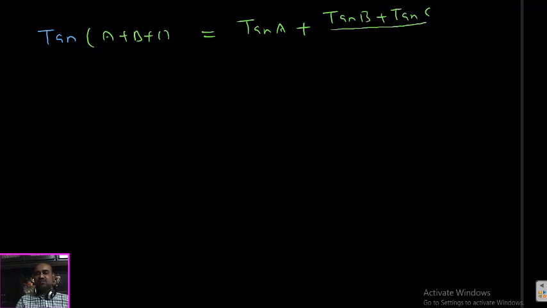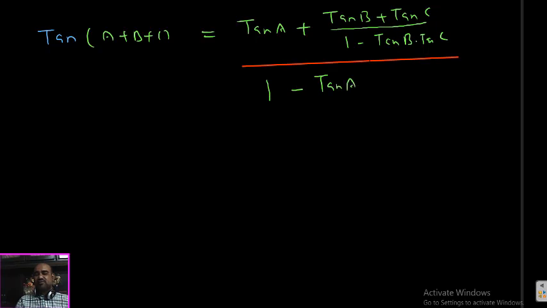So tan of A plus B plus C equals tan A plus tan of B plus C. Tan of B plus C, again I can use the tan of A plus B form: tan B plus tan C by 1 minus tan B into tan C. Whole divided by 1 minus tan A into, again for tan of B plus C, I can write here tan B plus tan C by 1 minus tan B into tan C.